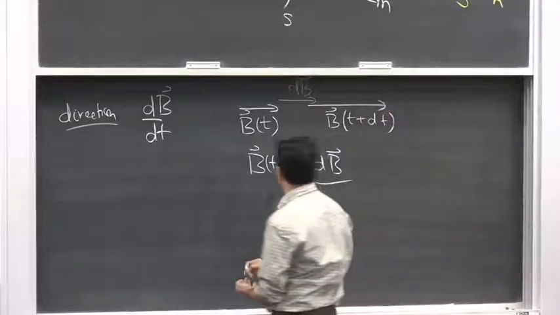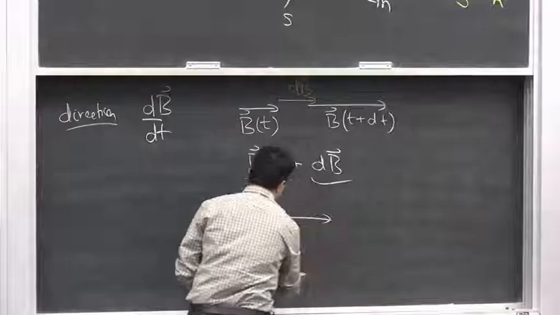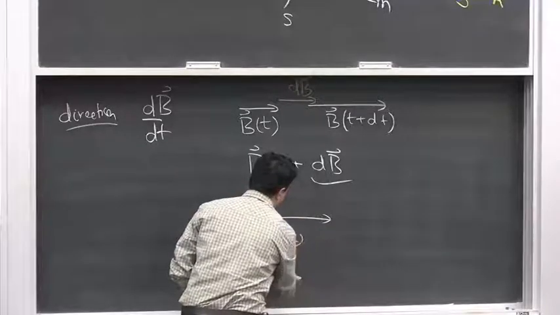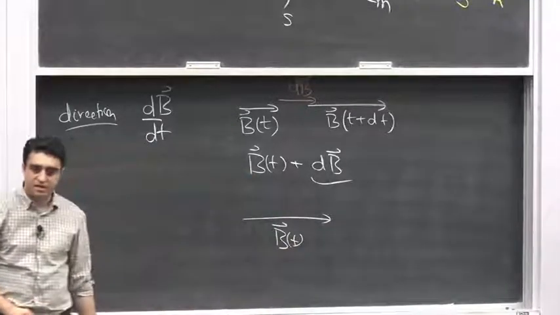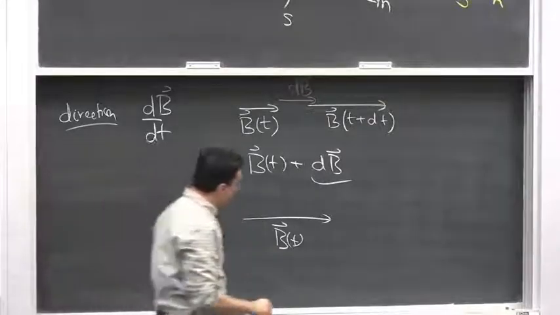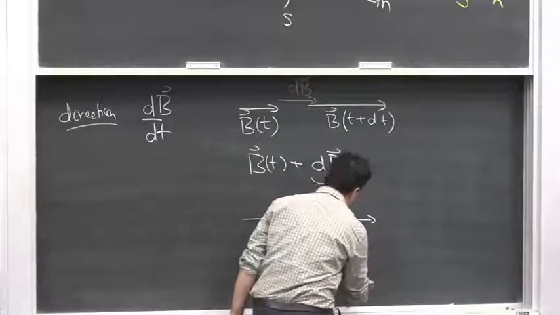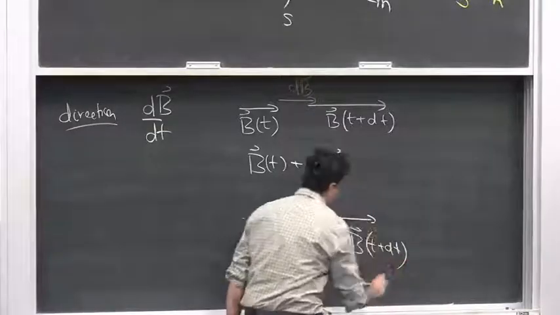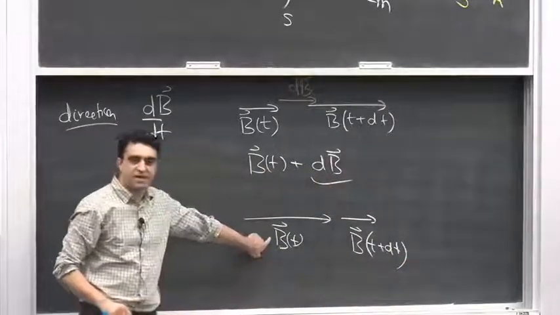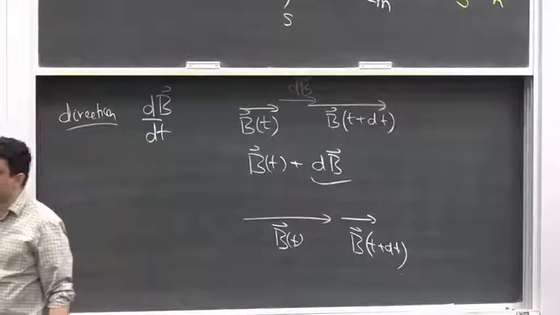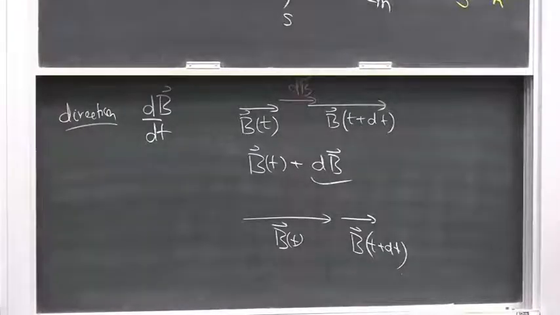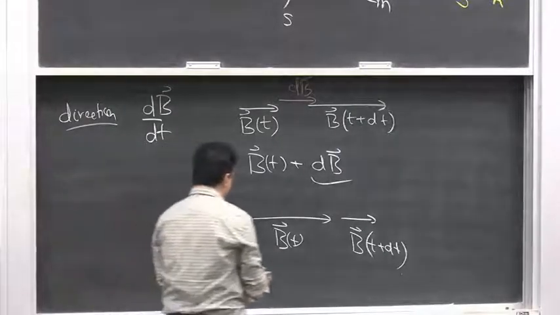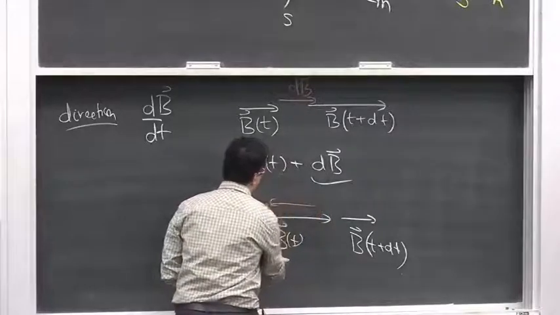But if you have something of this sort, that you have a B of t that has that magnitude, but at a later time it has a smaller magnitude. So what I have to add into this magnetic field to make it smaller is a magnetic field of the opposite direction.